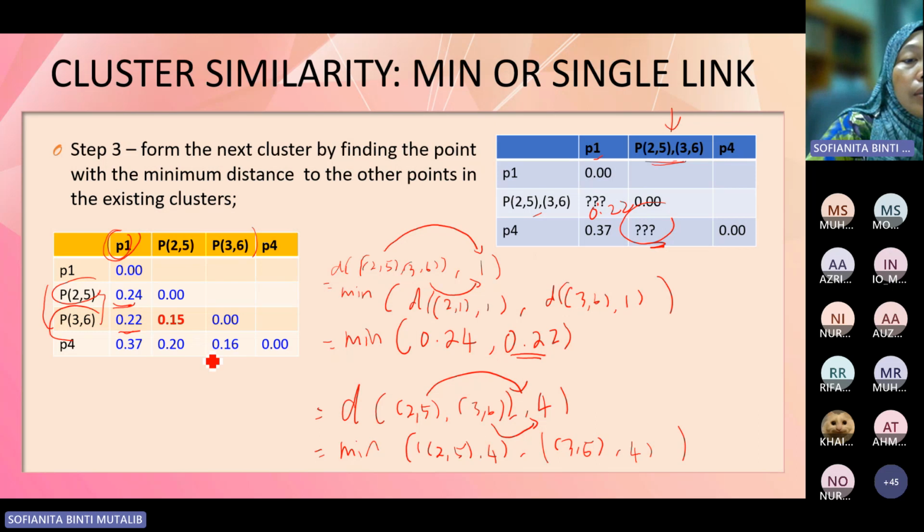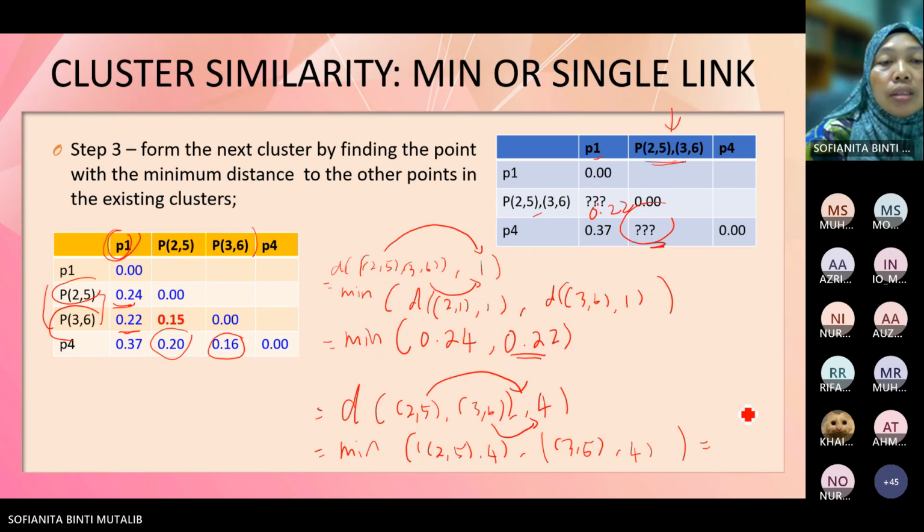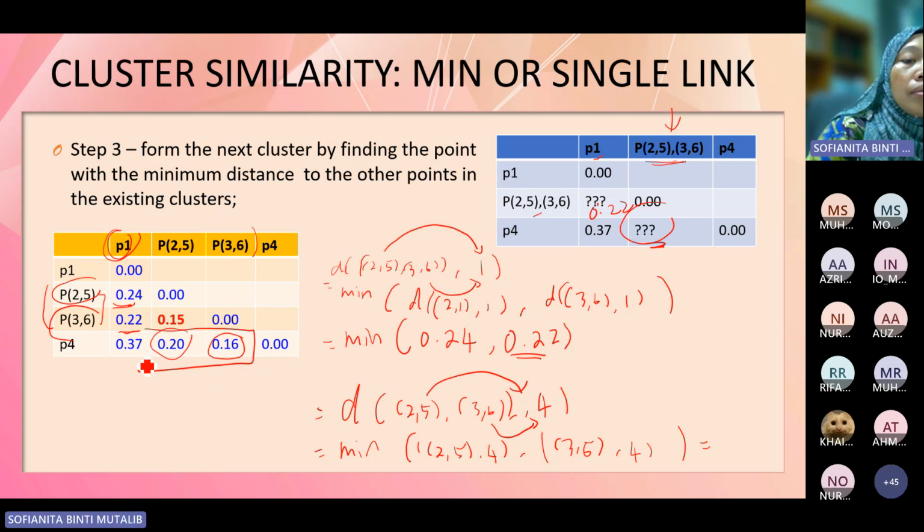If you look here, look at 0.16 versus 0.20. So the answer is, what is the answer? 0.16.